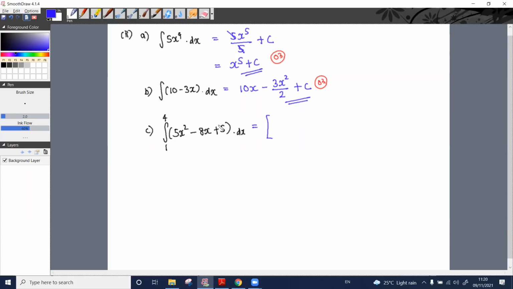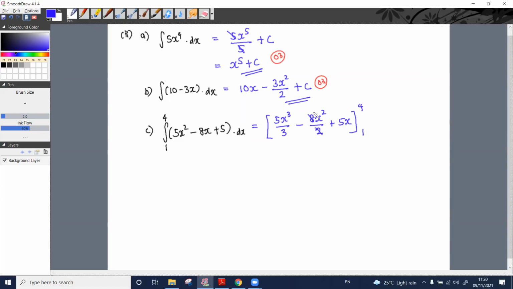First, we need to find the integrals of each of these terms. Let's take the first term. Should be what? 5x to the power 3 over 3. Second term, minus 8x squared over 2. Last one, plus 5x. Upper value is 4, lower value is 1.